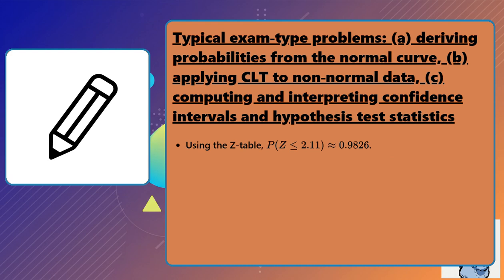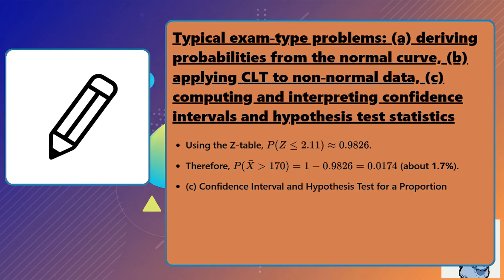Using the z-table, the probability that z is less than or equal to 2.11 is approximately 0.9826. Therefore, the probability that x bar is greater than 170 equals 1 minus 0.9826 equals 0.0174, which is about 1.7%.